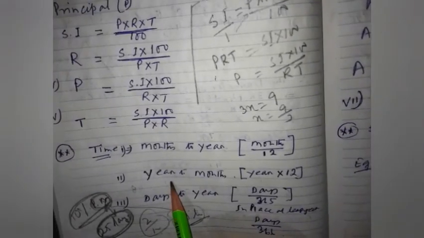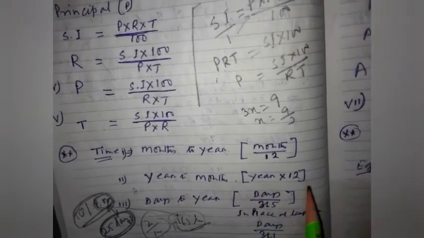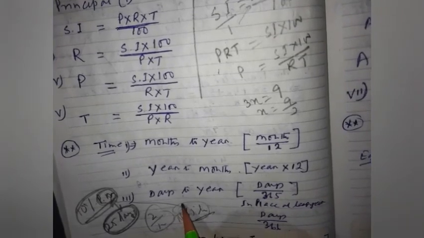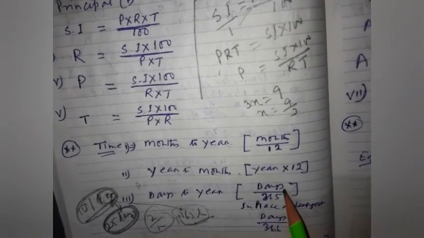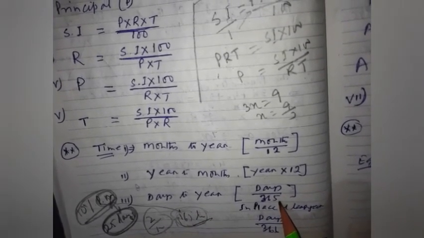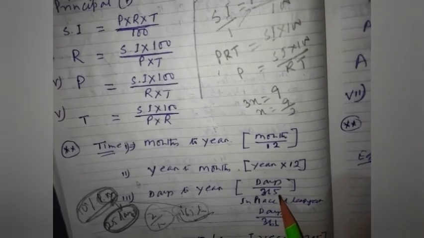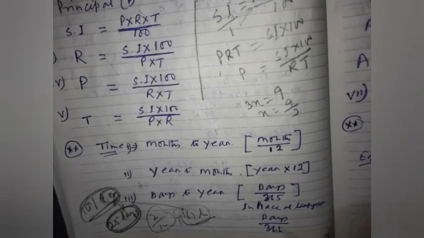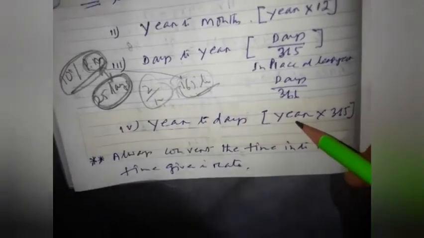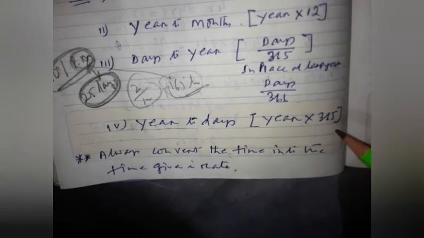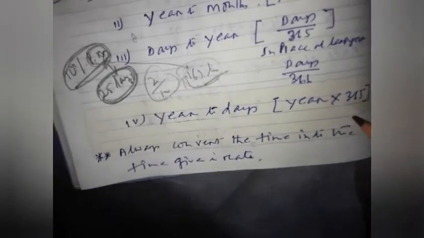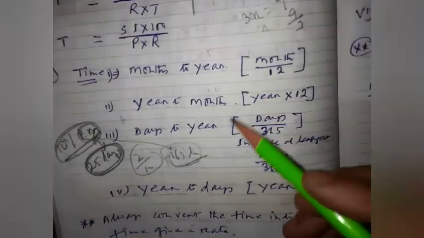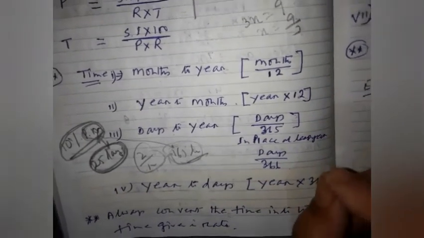If years are given and you want months, multiply by 12. If days are given, to convert them into years, divide by 365. In the case of a leap year, divide the number of days by 366. And years to days, all of you know, multiply the years by 365. If you know this methodology of conversion, it will be very easy for you to solve the problems.